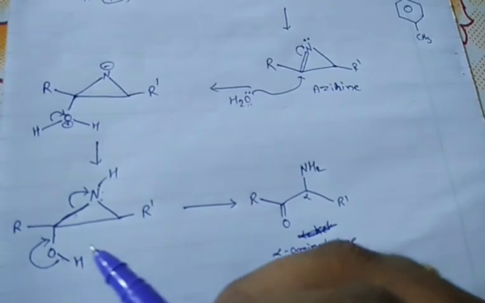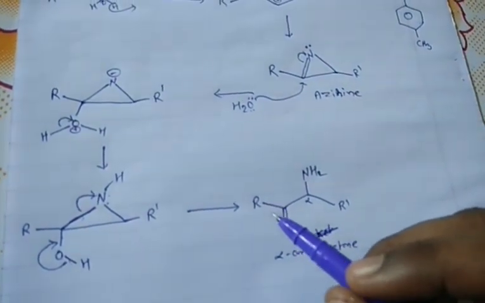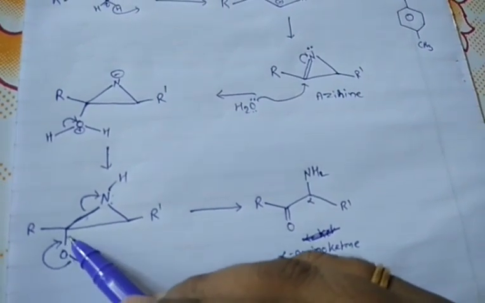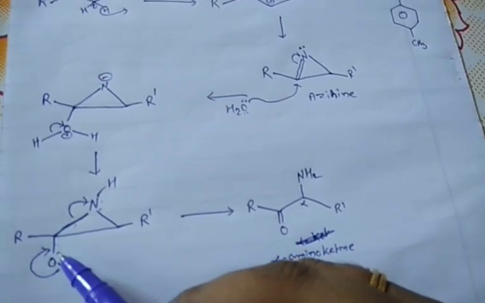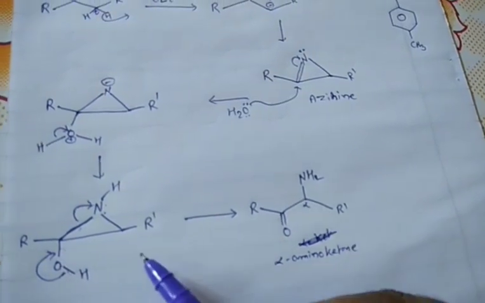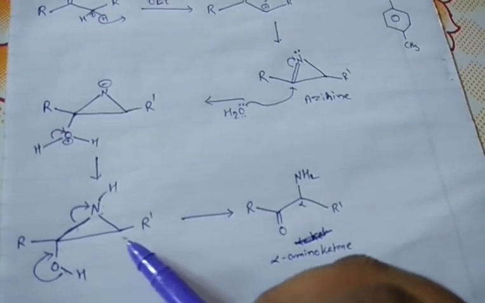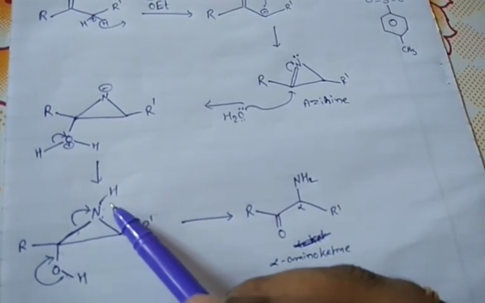So at last we will have such a type of compound or molecule, R C double bond O. So the double bond forms here between oxygen and carbon, and then this carbon atom, and to that carbon atom we have R prime or R dash, and NH2.